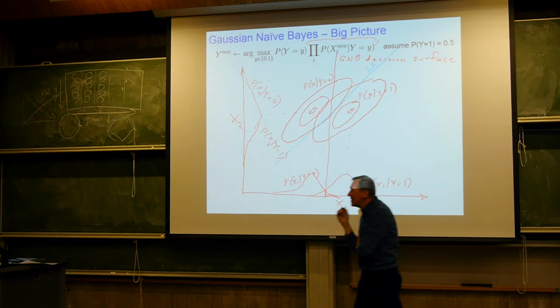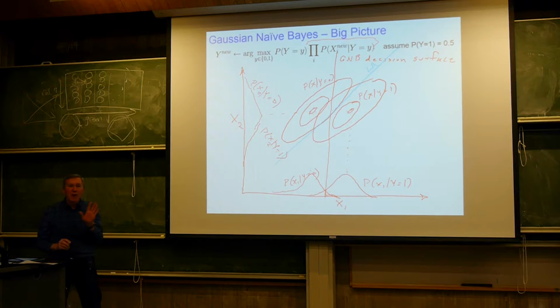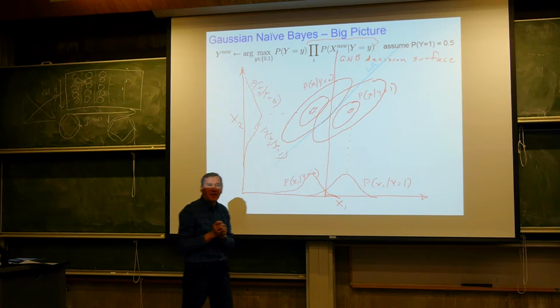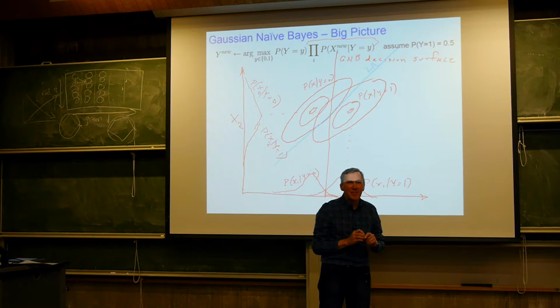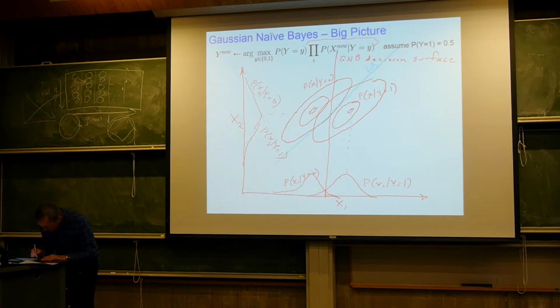Rotate the axes. So what if I defined a new x1 prime feature and a new x2 prime feature, and let me define, for example, I love high tech, so we'll go to a new color, maybe green. So what if we say x2 prime is going to be x1 plus x2 over 2.